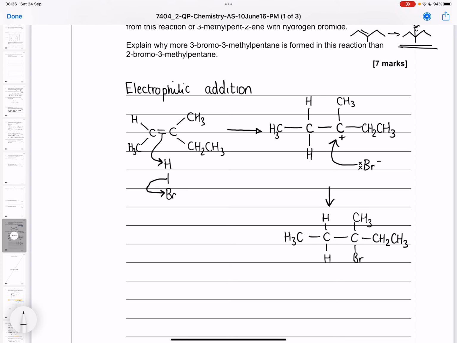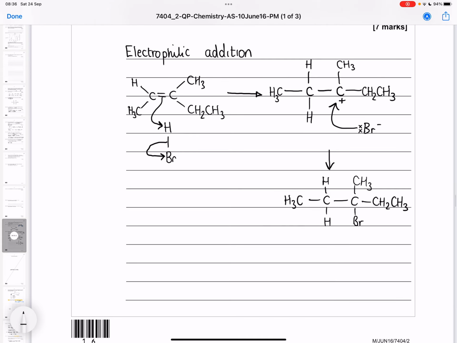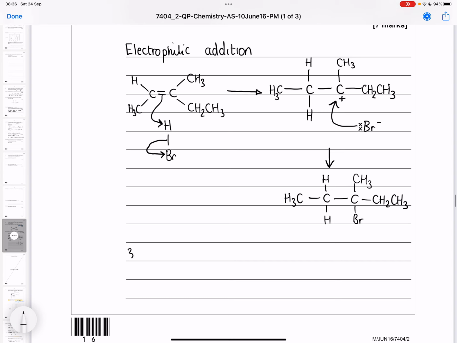And then the last part of the question, explain why more of this particular product is formed than 2-bromo-3-methyl-pentane. So 3-bromo-3-methyl-pentane, the one that we have formed.